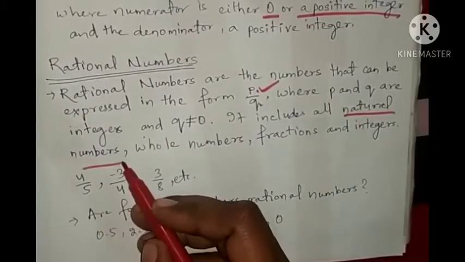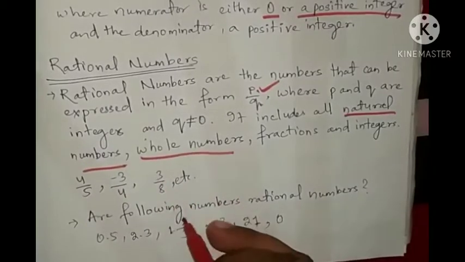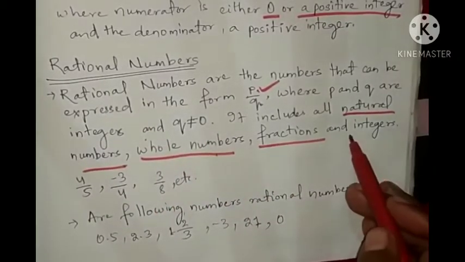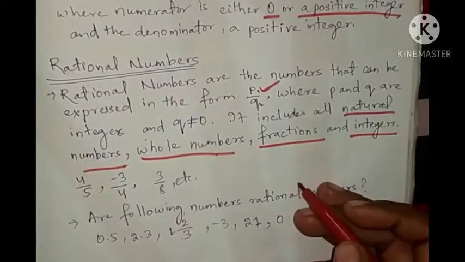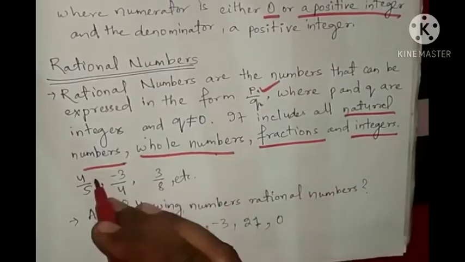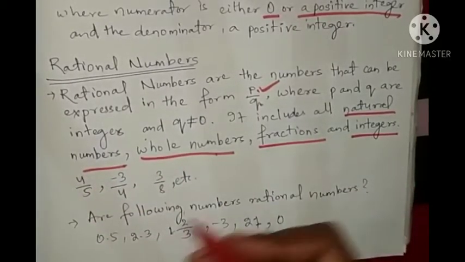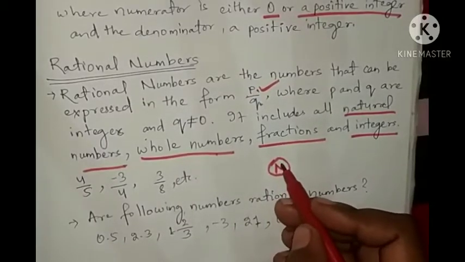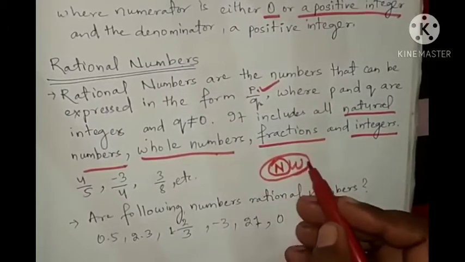All natural numbers are rational numbers. All whole numbers are rational numbers. Fractions and integers too. So our natural numbers, whole numbers, fractions and integers all come under rational numbers. If n is a natural number and you add 0, you get a whole number.